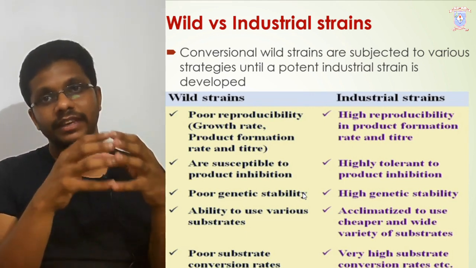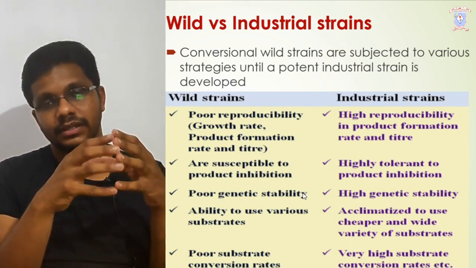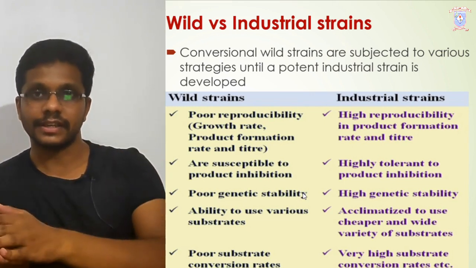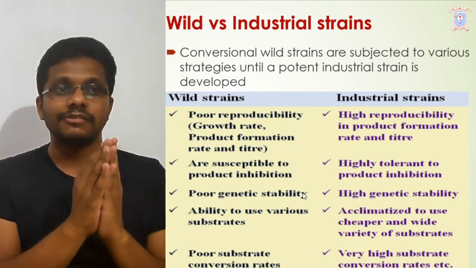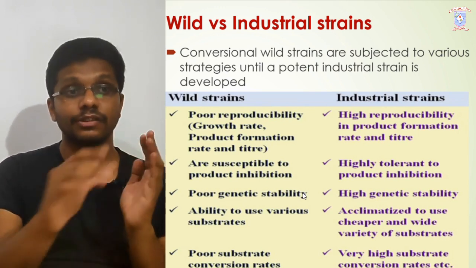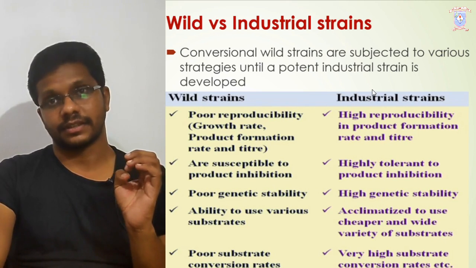So we can convert a wild strain into an industrial strain using a variety of strategies. So at the end of the day, we'll have wild strains and industrial strains.